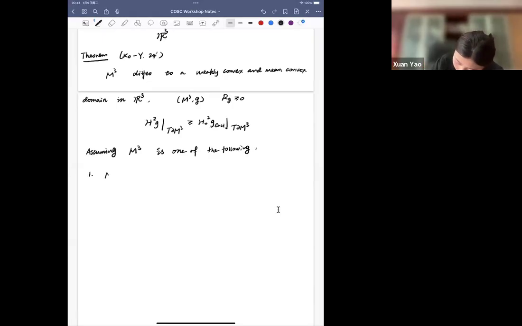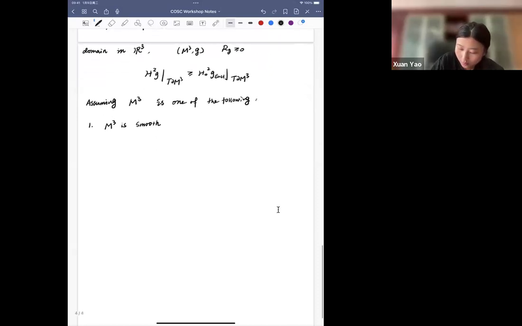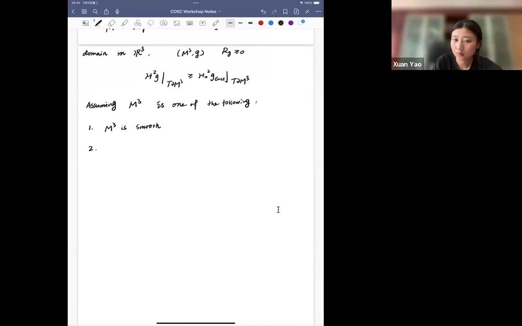Okay, so M3 is smooth, or it is a prism type, or it is a cone type. Angle comparison at the vertex of the cone. Then G must be Euclidean.